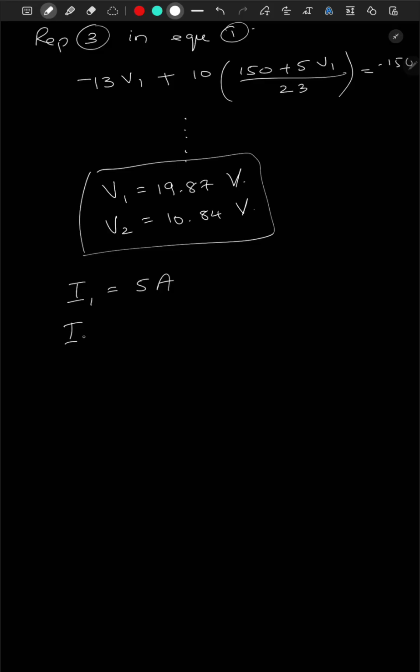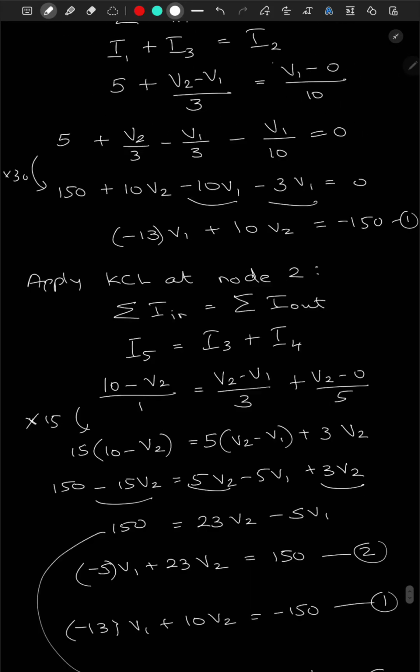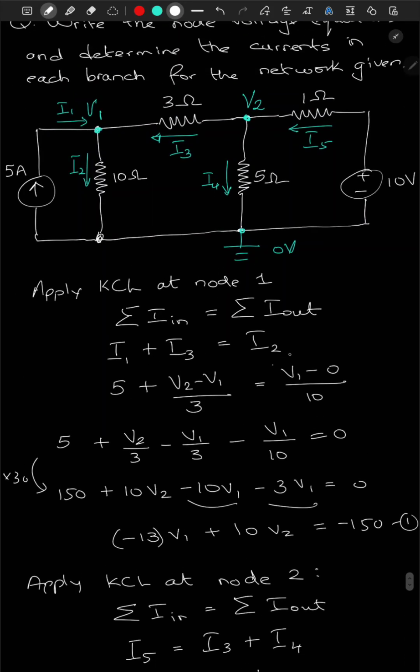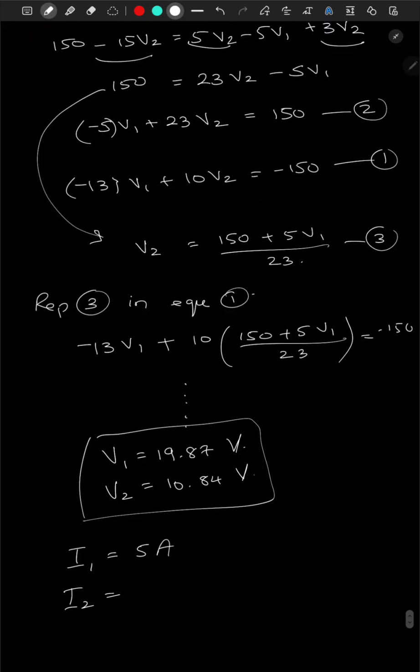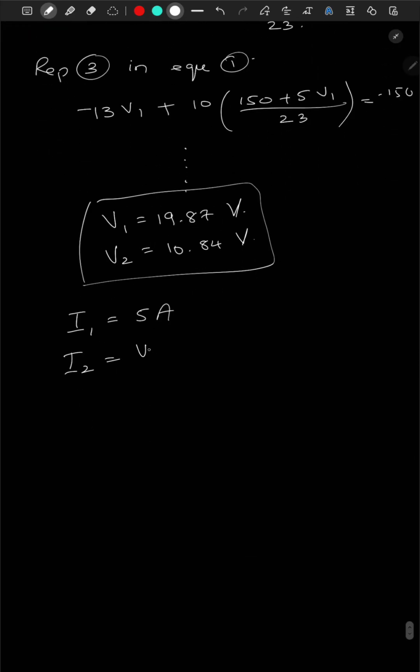And I2 is V1 minus 0 divided by 10. So V1 is 19.87 divided by 10. So this will give you 1.987 amps.